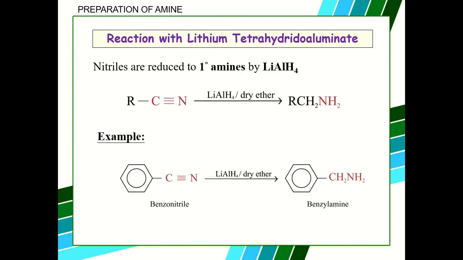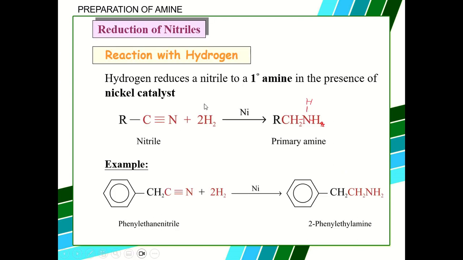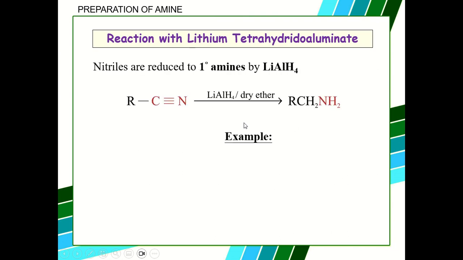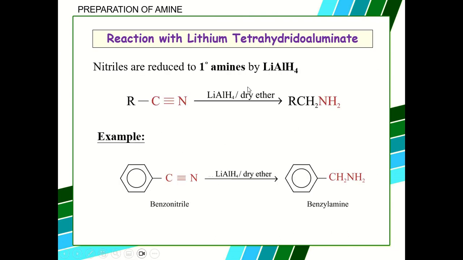Now there's another reagent that we can use to reduce nitriles to amine, which is this LiAlH4. Just now we were talking about using hydrogen and nickel catalyst. The second reagent to turn nitriles into amine will be LiAlH4.